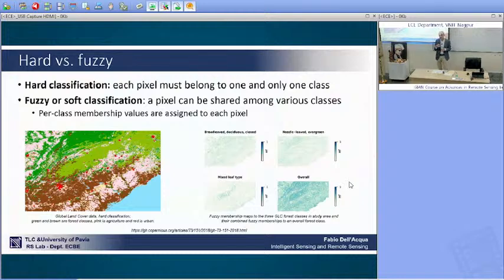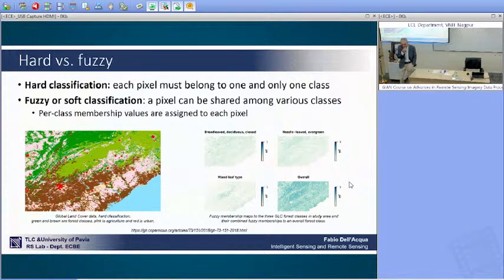So every object can only belong to one class, but you can also use what is called fuzzy classification, which means that you may have partial membership to each class. Why do you think partial membership can be useful?